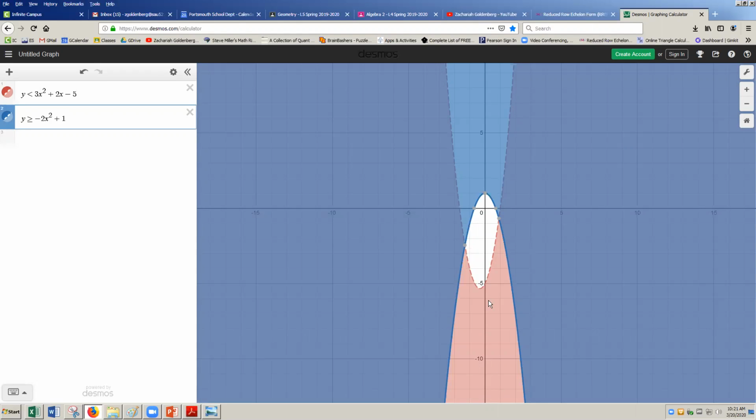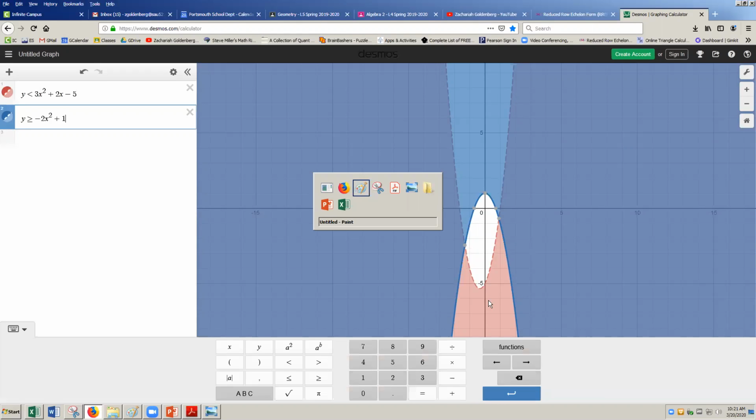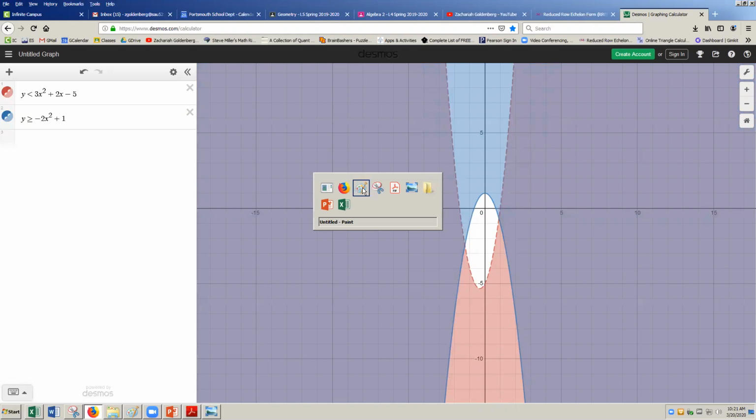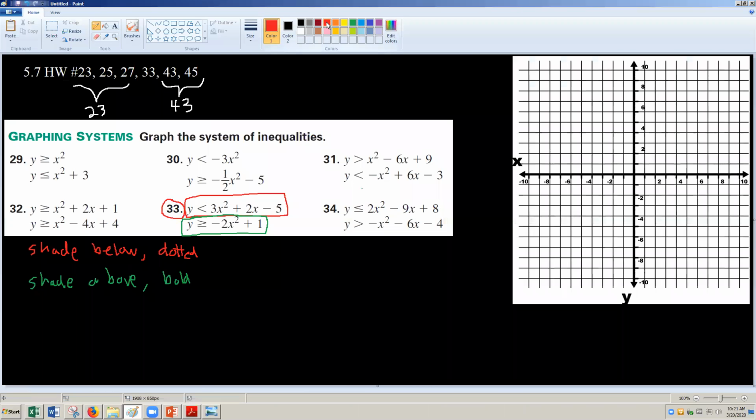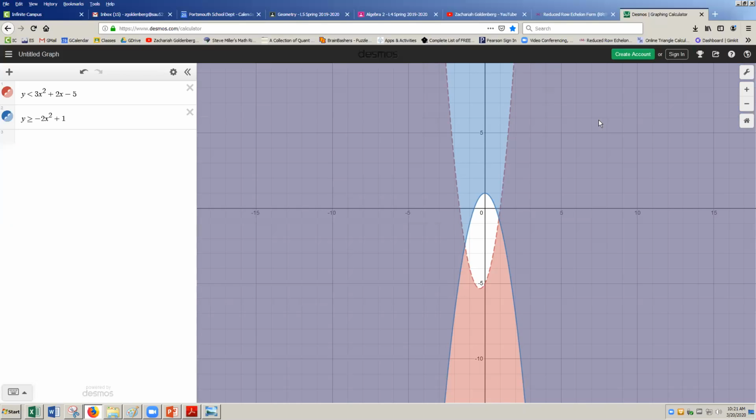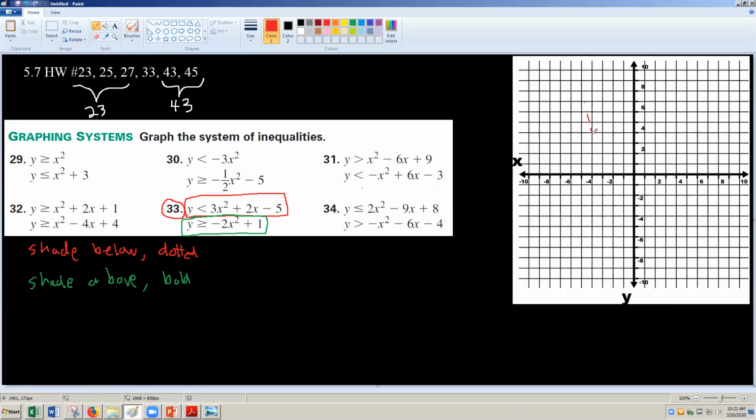When you guys are graphing these, I'm going to do a quick comparison in Paint here. Let's switch back and forth. I'll try to keep the same colors too. So we have red. We can graph it, and it looks something like that.